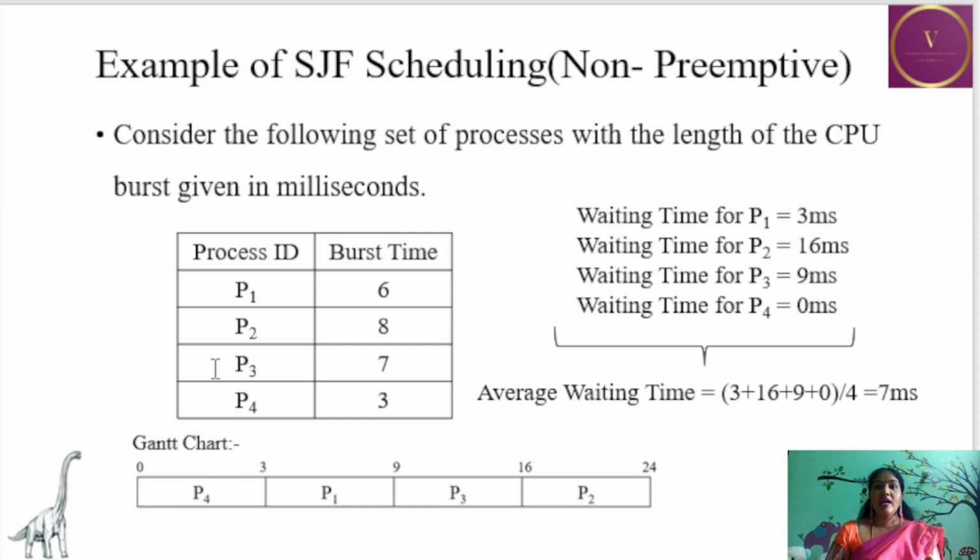You already know how to calculate the average waiting time for the FCFS scheduling algorithm, and if you calculate it, it will be more than for this SJF scheduling algorithm. Here the smallest job is assigned to the CPU first, so that it need not wait till the larger process completes its CPU work.